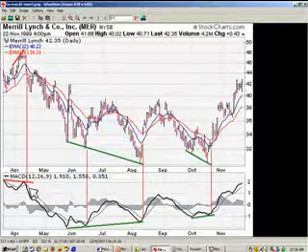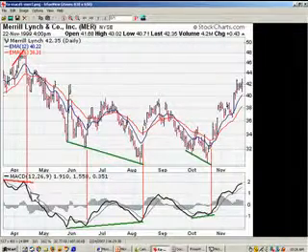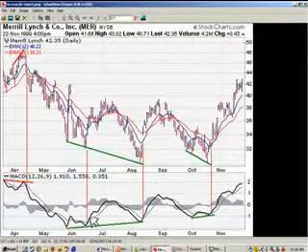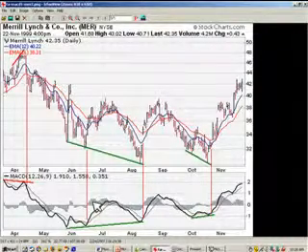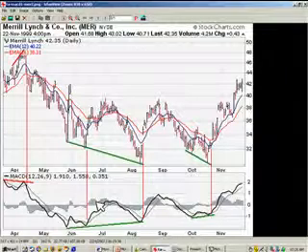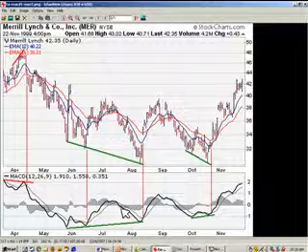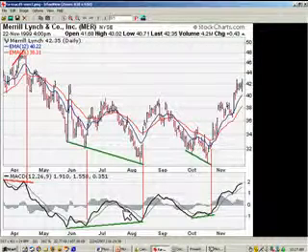The histogram is positive when the MACD is above its 9-day EMA. So in this case, here's where the MACD has crossed over and is above the 9-day. The histogram goes positive at that point. And the histogram goes negative when the MACD is below the 9-day EMA.